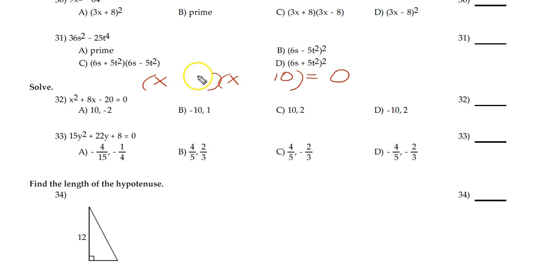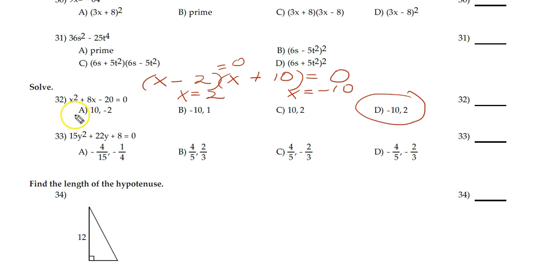Well, 10 times 2 give you a difference of 8. Our middle term is positive, so the larger outers will be positive. And then we equate each of these to 0. So here this will be x equals 2. And here this will be x equals negative 10. So 2 and negative 10. 2 and negative 10 is D.